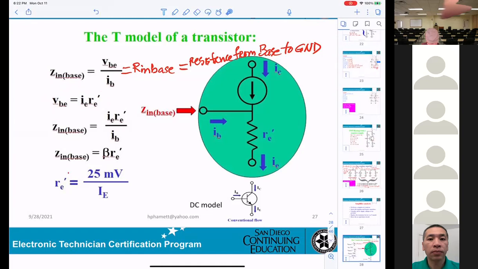Base to emitter, correct? B means the base, E means emitter. That means the voltage from here to here. This is the emitter, okay? And we calculate it by IE times R prime E.